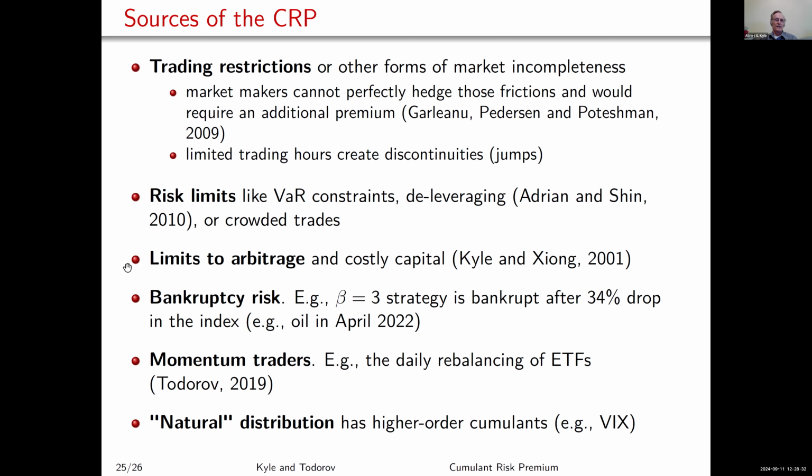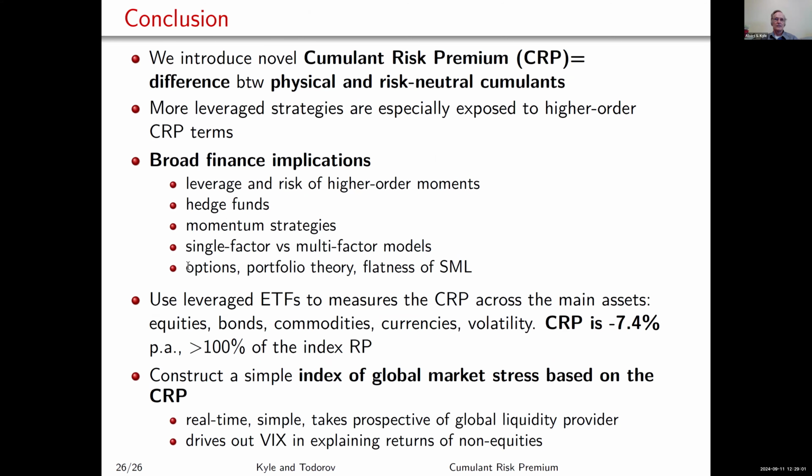But whether you call it a wealth effect or bankruptcy risk or leverage restrictions or risk limits, the way I think about it as wealth effects, the fact that wealth effects are important makes the higher order moments also kick in as being more important at times when these leveraged investors are even more highly levered and capital is more scarce. But this is just conjecture, and we need to think about it some more.